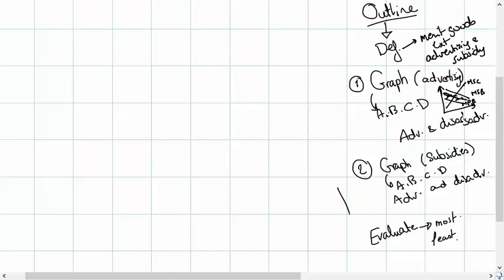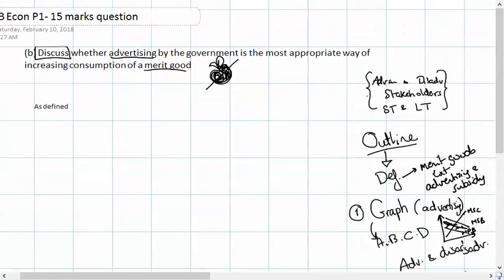The graph of a subsidy, on the other hand, shifts the supply curve. So MSC, MSB, MPB, and it's the supply curve that shifts when the subsidy is given to producers. And this will shift the quantity. So this is an outline of the graph, and this is the outline of my answer. Now let's start.